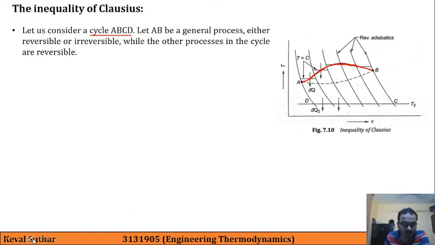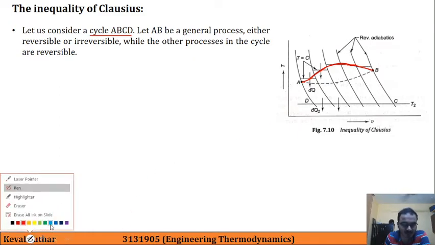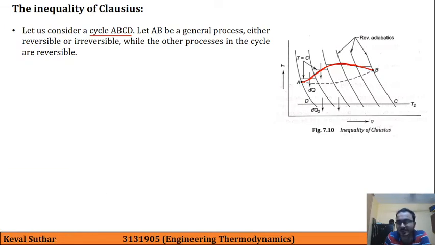So here the other processes are, after AB, B to C, then the next process is C to D, and then we are having a process D to A. So these are reversible processes.